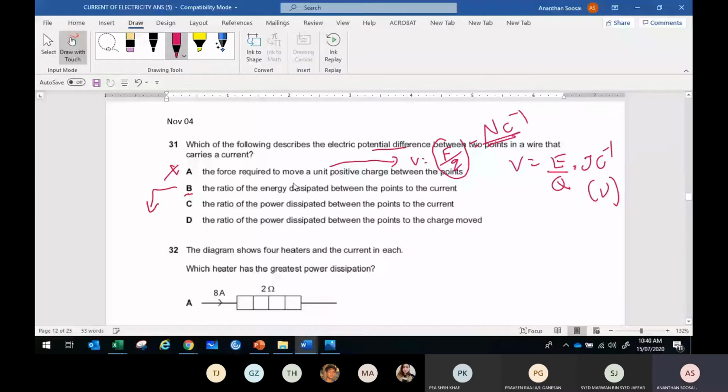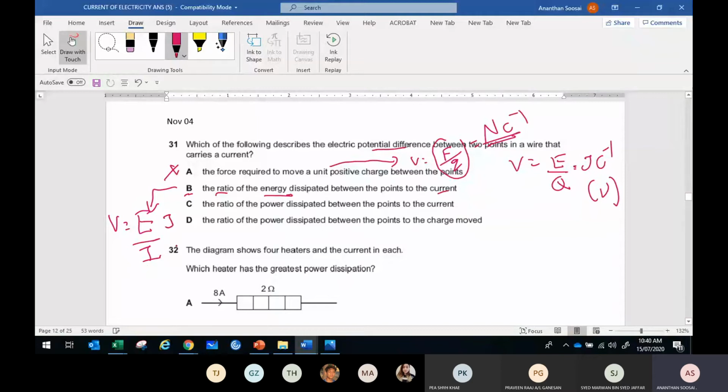B: the ratio of energy dissipated between the points to the current. Can you create the formula for B? According to them, B is the energy over the current. Can it be the answer?